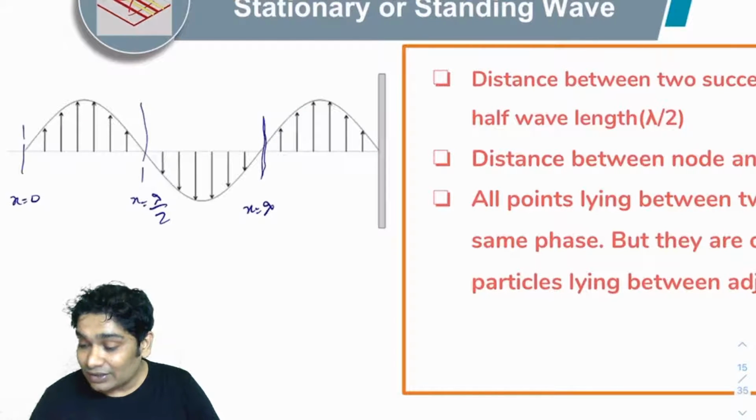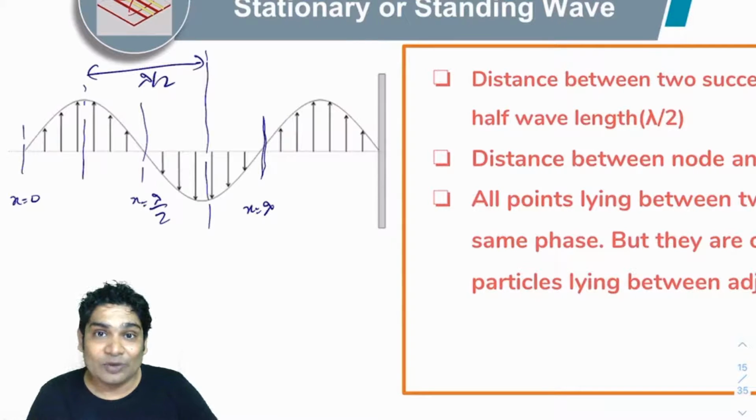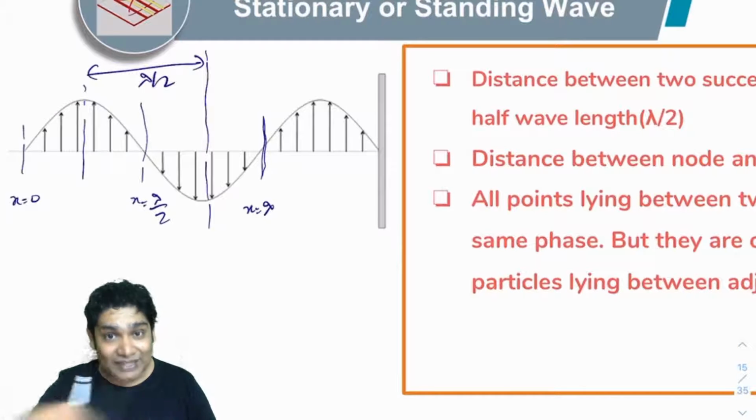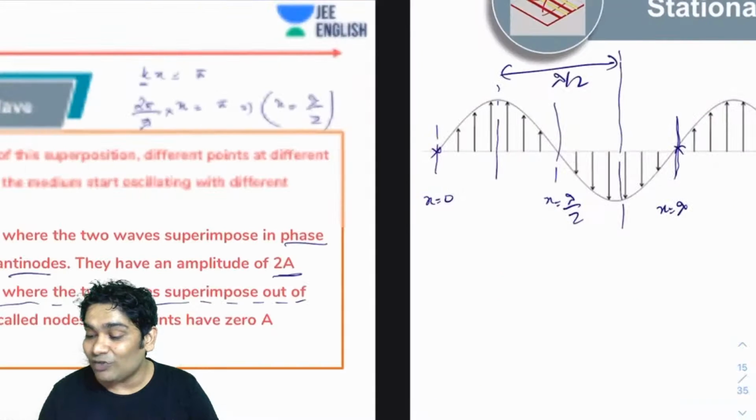Similarly, the distance between two antinodes is also lambda by 2. You can see that also from this. Because both the waves had the same lambda, the superimposed wave will also have the same lambda. So the lambda would be from here to here. This obviously is half lambda, this obviously is half lambda.